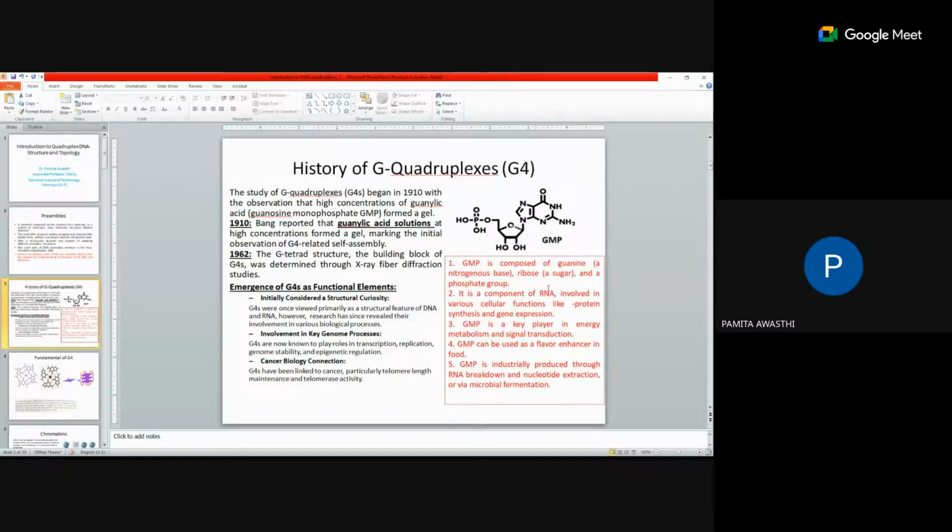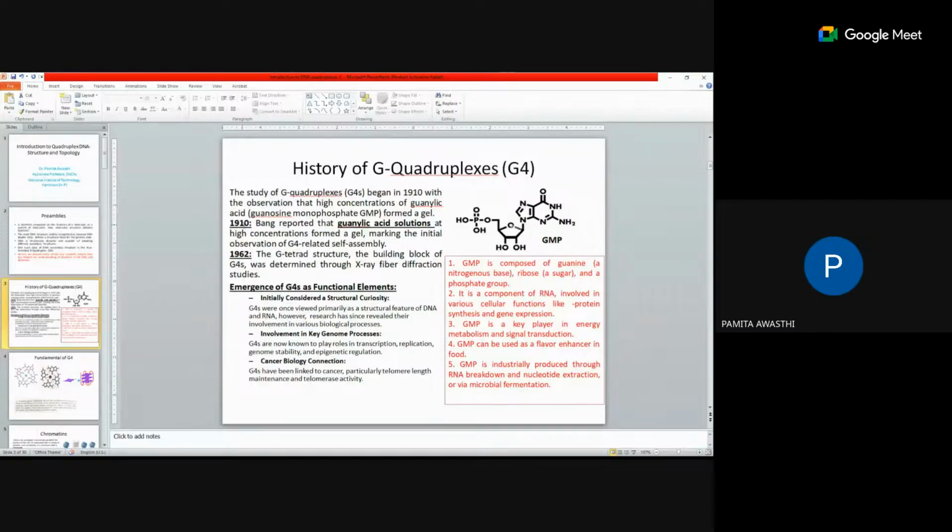As a component of RNA, it is involved in various cellular functions like protein synthesis and gene expression. It is also a key player in energy metabolism and signal transduction. In industry, it is used as a flavor enhancer, and industrial production is generally done by RNA breakdown, nucleotide extraction, or microbial fermentation.